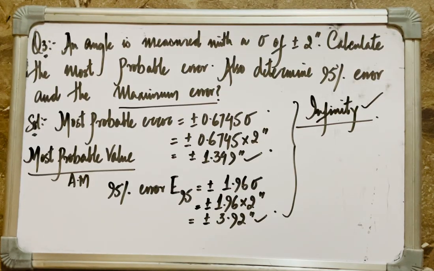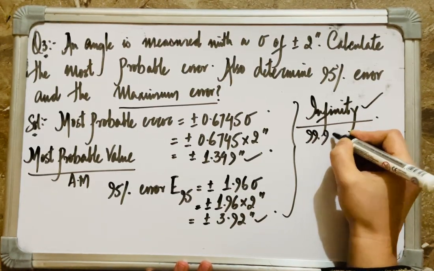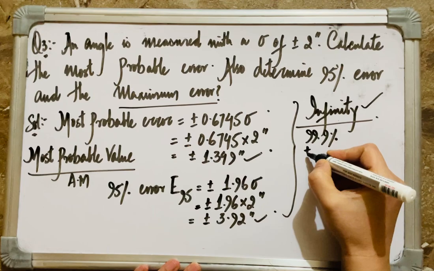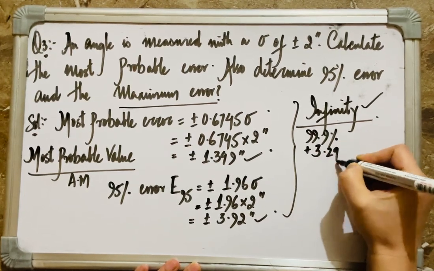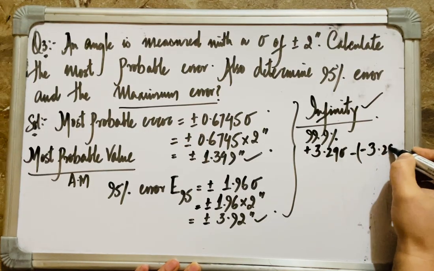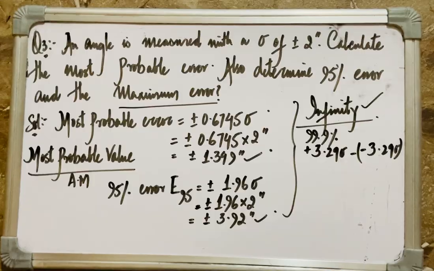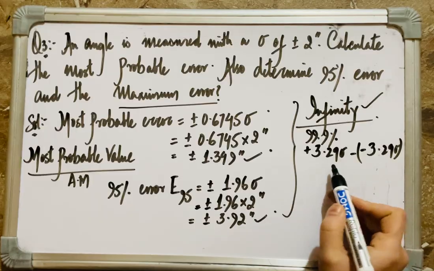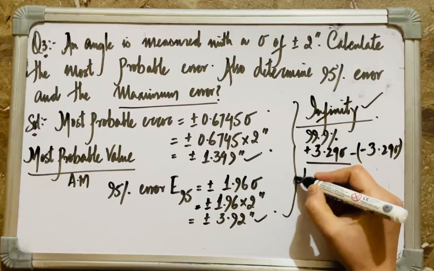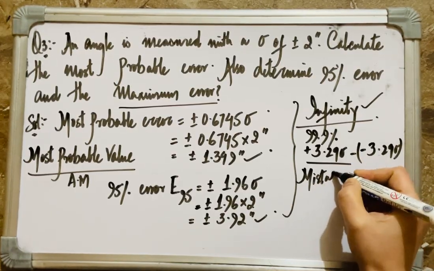So in surveying, generally 99.9% error is taken as the maximum error, and it corresponds to a range between plus 3.29 sigma and minus 3.29 sigma. This maximum error is often used to separate gross errors or mistakes from random errors. How? If any measurement deviates from the mean by more than plus minus 3.29 times sigma, it is considered a mistake, and that measurement is rejected.